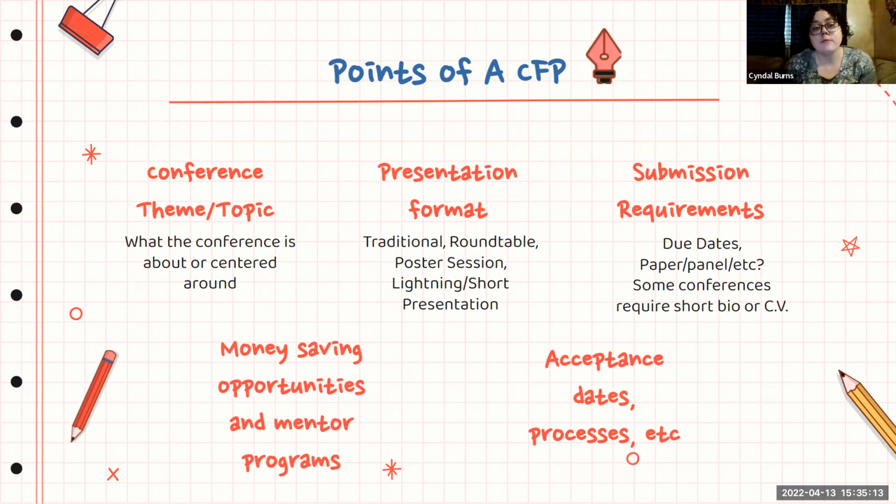It'll give you the conference theme or topic, what the whole conference is centered around, the format that you're going to be presenting in, the requirements of the submission, and then they may or may not have options for money saving opportunities or other things that are available, and acceptance dates, processes, anything where they will be letting you know when you'll get information back.